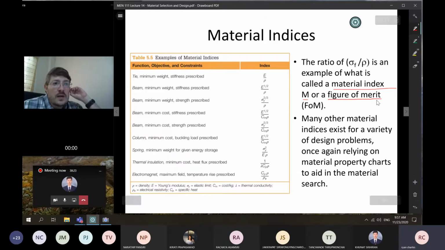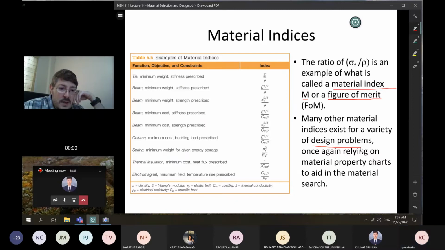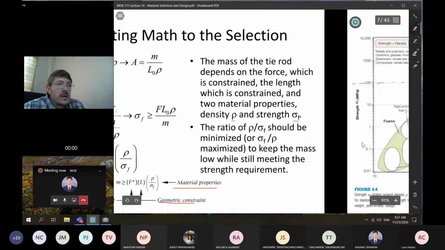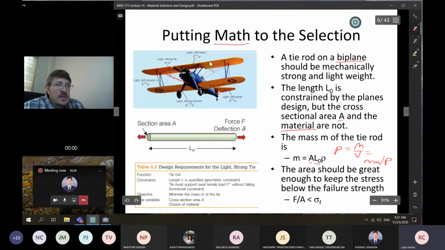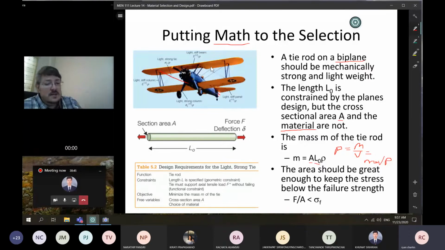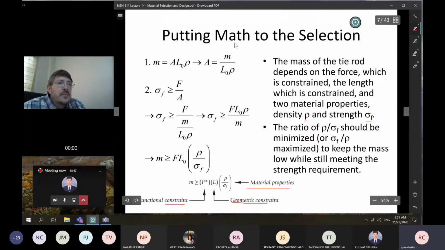Many other material indices exist for a variety of design problems. The tie rod is nothing unique. They're also used in bridges. You can find tie rods in bridges and walkways and things like that, not just airplanes. So this is not a unique design problem.